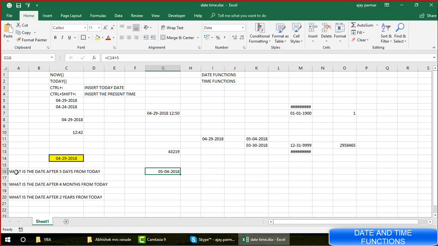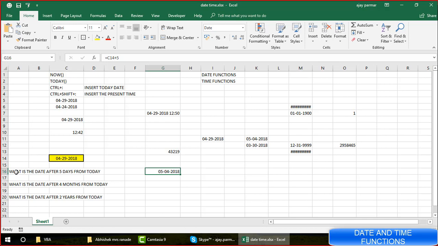Because right now if I just say this yellow cell plus 4, you won't get the month. You get the date after 4 days from now. So in order to do that, we got to know some functions.